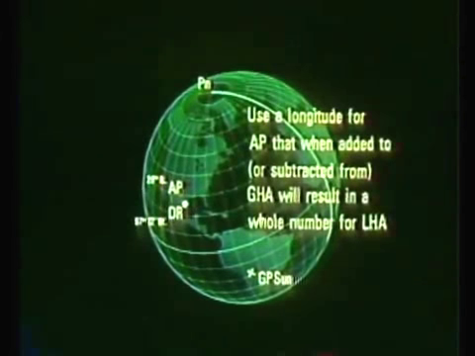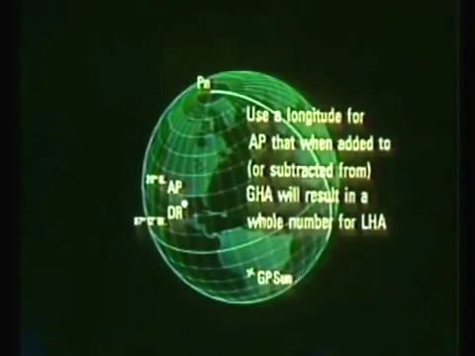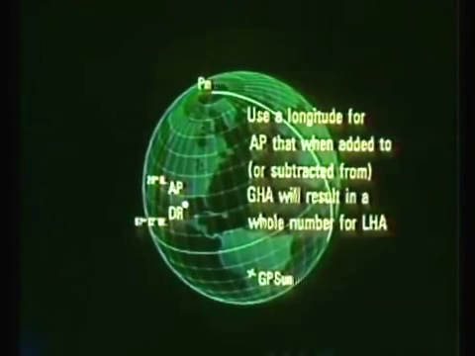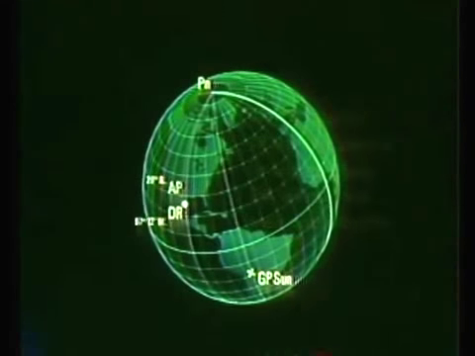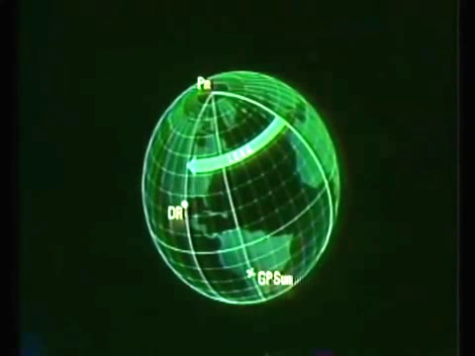You use a longitude for your AP that, when added to or subtracted from the GHA of the celestial body, will result in a whole number for local hour angle. Your DR longitude is 97 degrees, 12 minutes west of Greenwich. You are west of the sun.